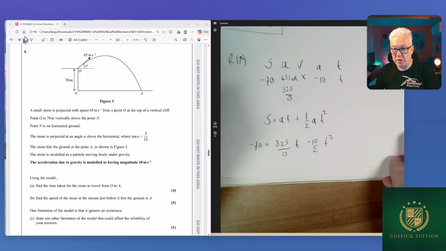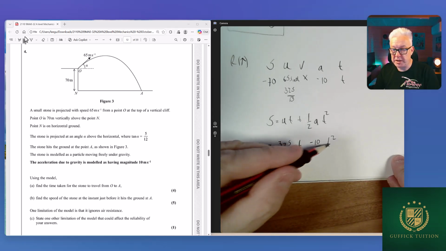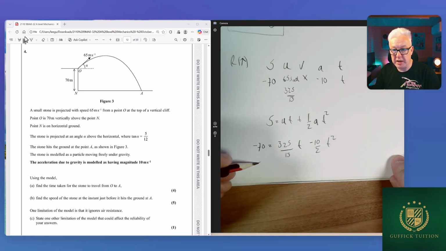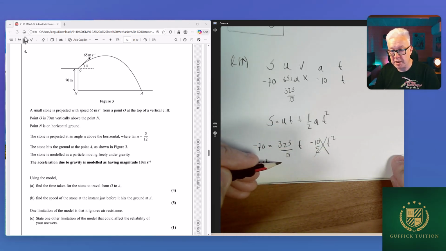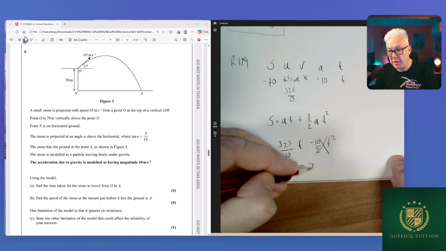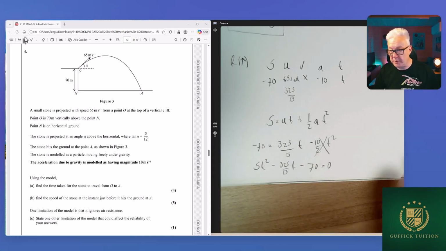From this we have a quadratic. That's minus 5t squared. If I bring that over to the left, that's 5t squared, and it's going to be minus 325/13 t minus 70 equals 0.